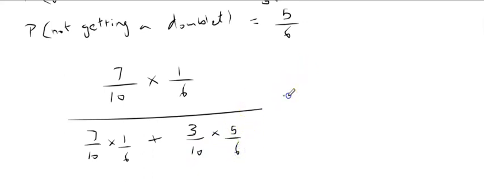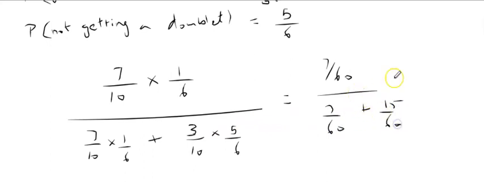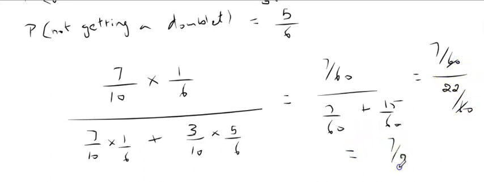On simplifying, we get 7 by 60 over 7 by 60 plus 15 by 60, which is nothing but 7 by 60 over 22 by 60. 60 and 60 get cancelled, so the required probability is 7 over 22.